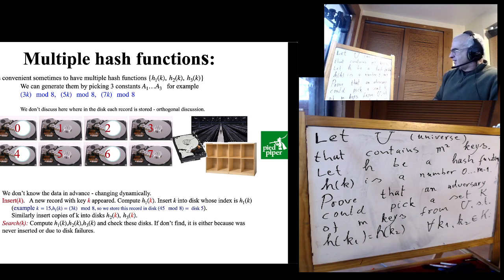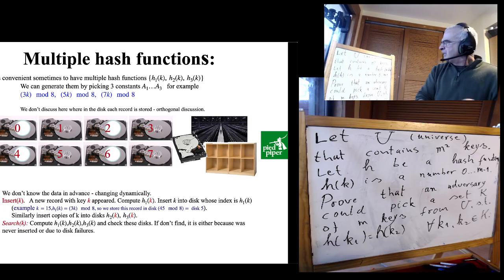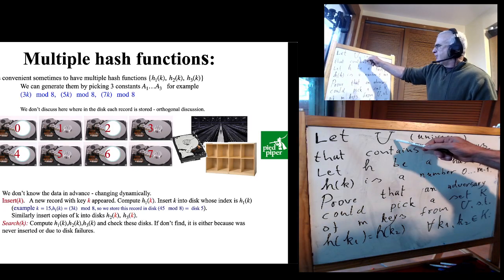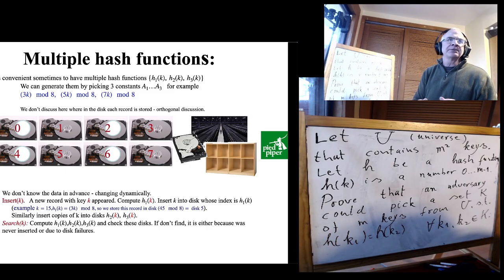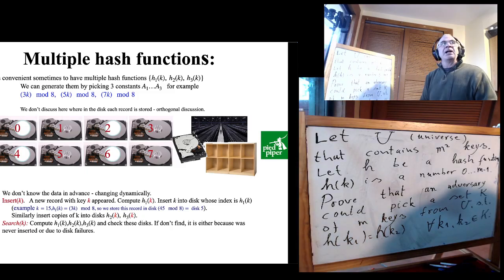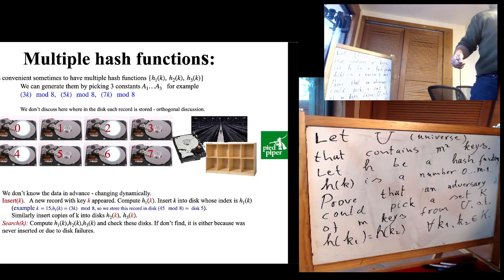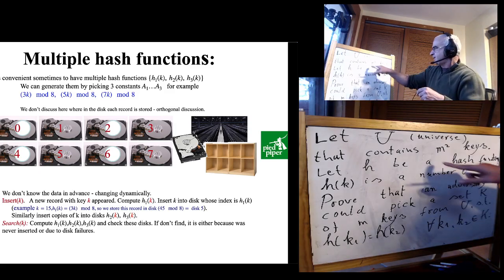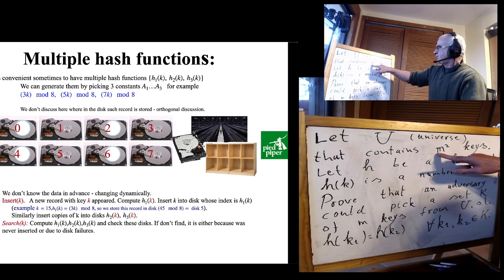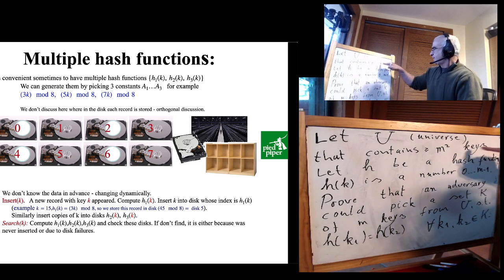Okay, here is a formal way to describe it, and then I'll explain. Let U be the set of all the possible students that might appear at the university, and let's assume that the universe contains at least m squared keys.